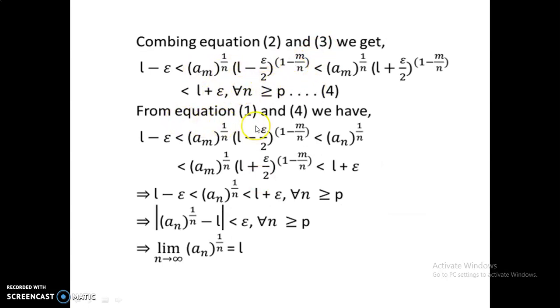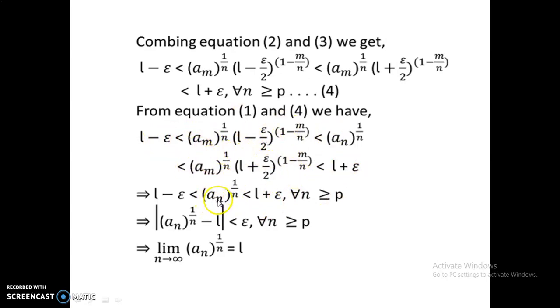So combining equations 2 and 3, we get this relation. Now from equations 1 and 4, we have L minus epsilon by 2 power 1 minus m by n, which should be less than a_n power 1 by n, and again less than the next term. All these terms should lie between L minus epsilon and L plus epsilon, so the nth root sequence of a_n lies between them.